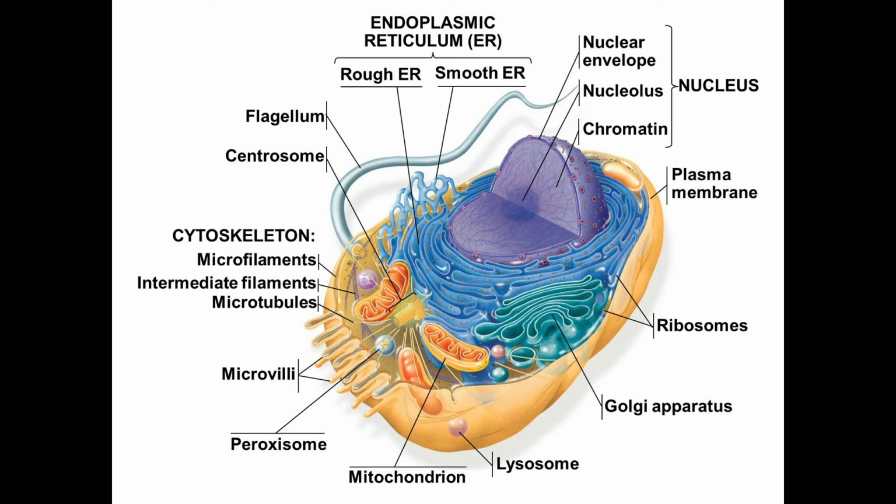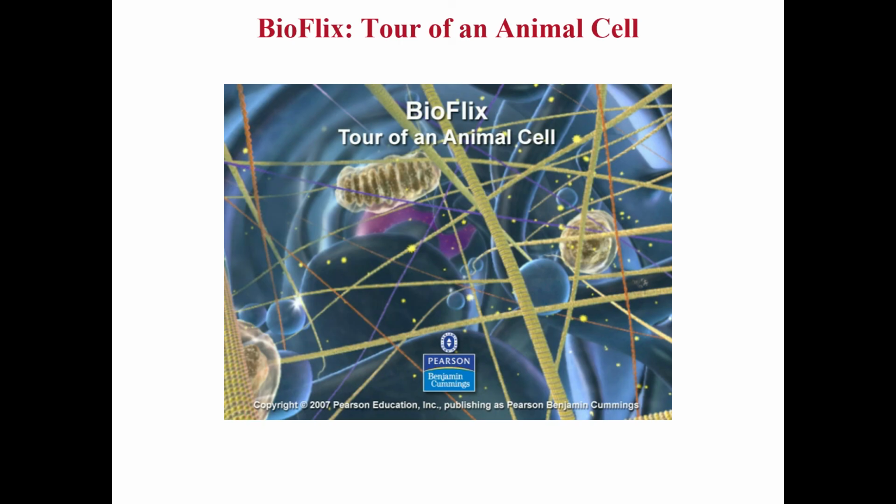You have your nucleus, where you have your nuclear envelope. You have your nucleolus and your chromatin. You can see all the cytoskeletal features and all the other cellular components. And here we have a brief overview of the animal cell.